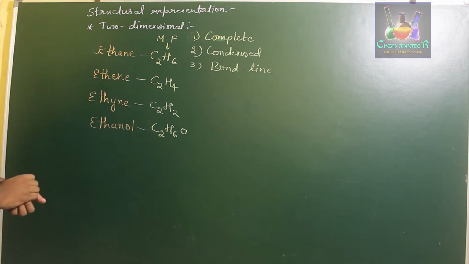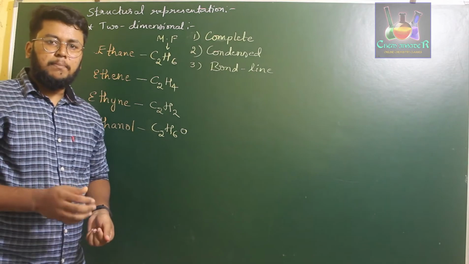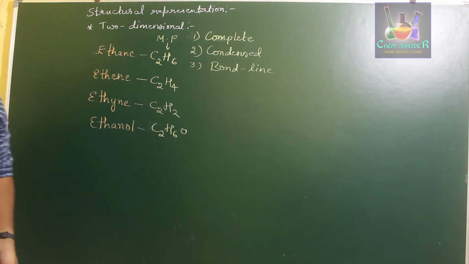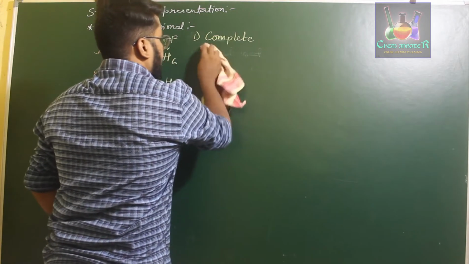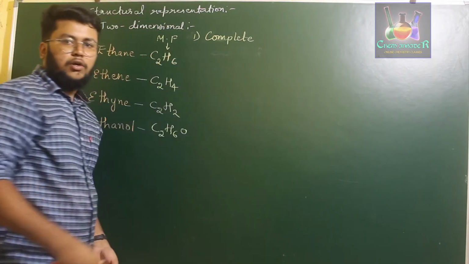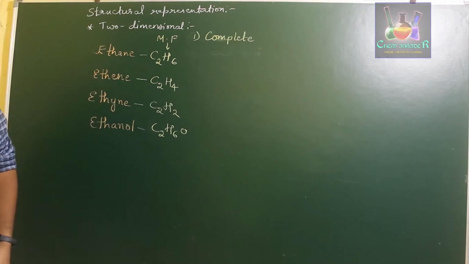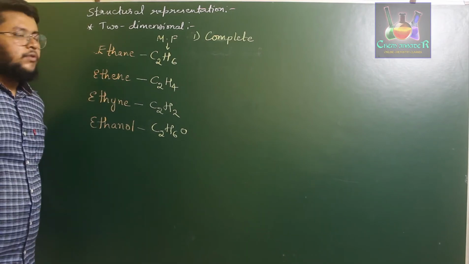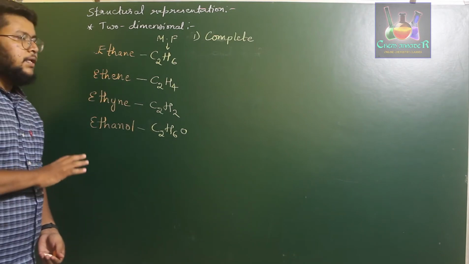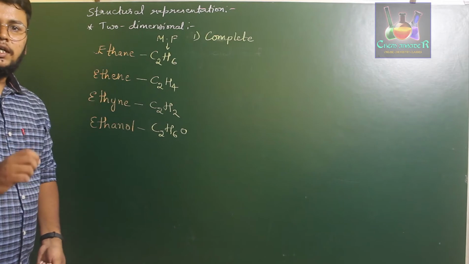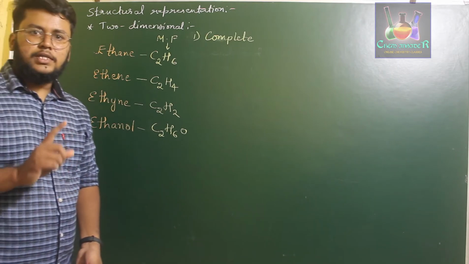Now first we'll start representing these compounds in their complete form. For the complete form, we need to represent the structure of this organic compound in a complete split manner, indicating a single bond by a single dash.